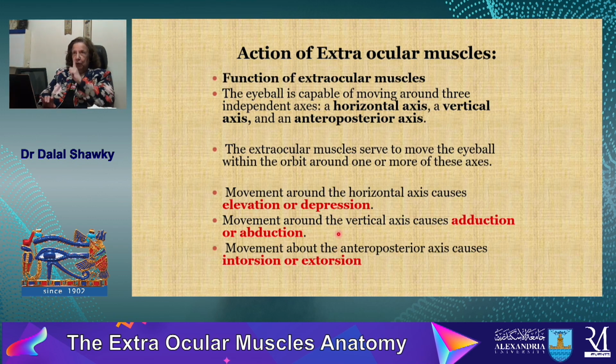Movement around the vertical axis causes the eye to move inside or outside, that is, adduction or abduction. While movement around the anteroposterior axis makes the globe turn in torsion (intorsion), or extorsion, to turn out.